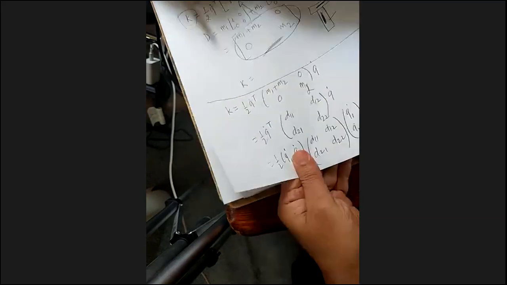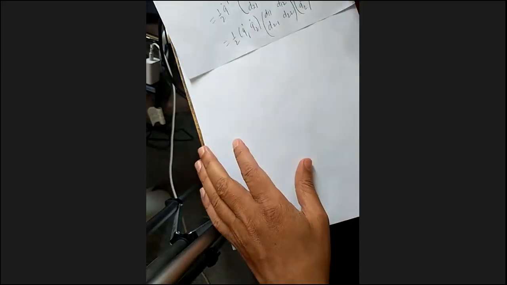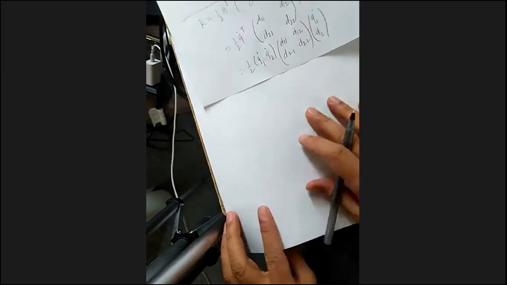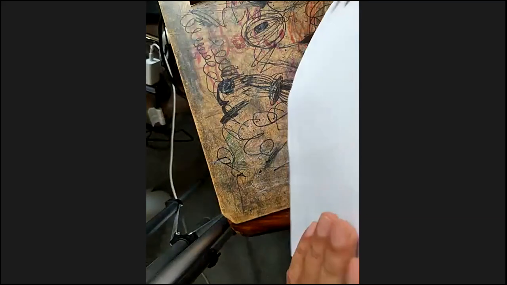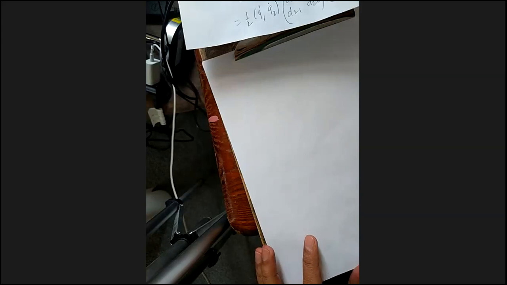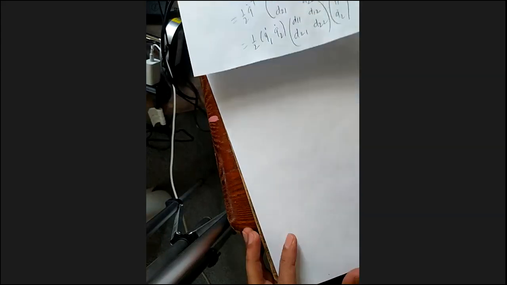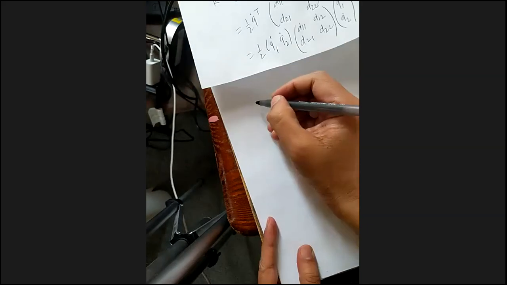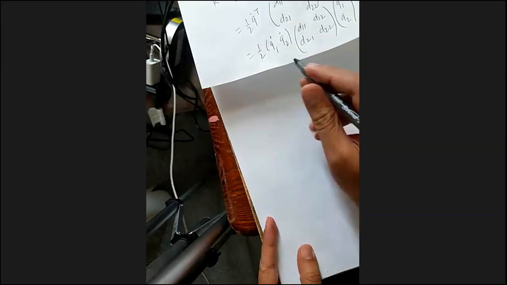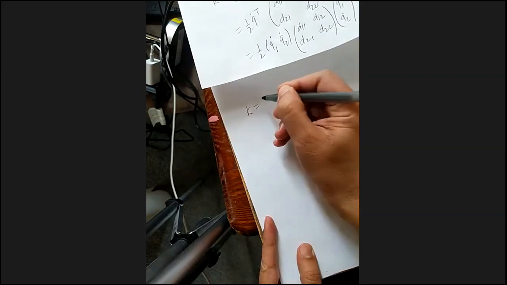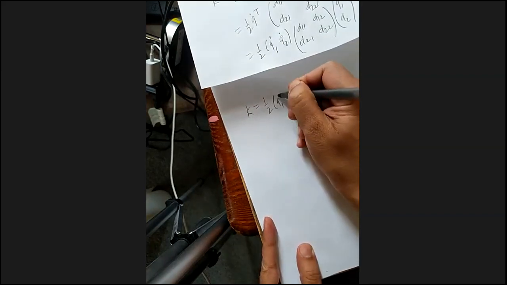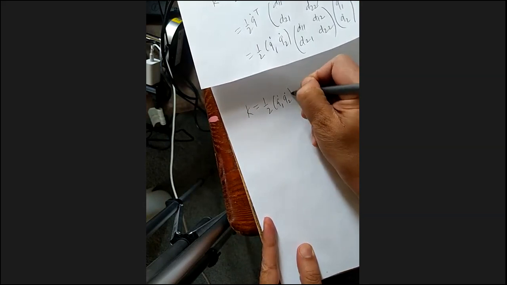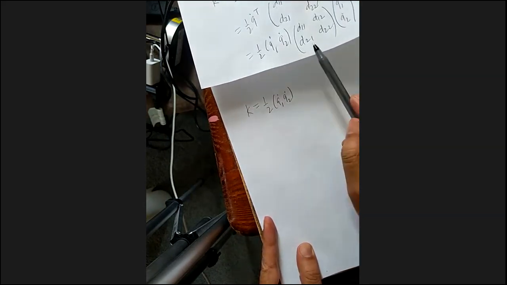Now I have that matrix here, so let's multiply. If you multiply these two, what do you get? K equals 1 over 2 Q1 dot Q2 dot, I keep this one as is. Now I multiply the matrix by Q dot.